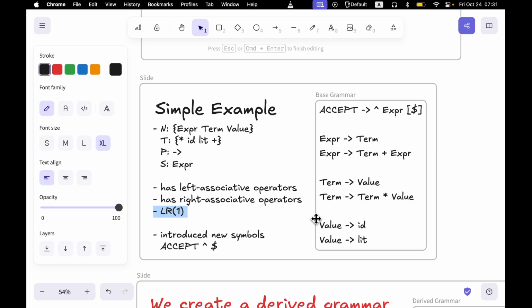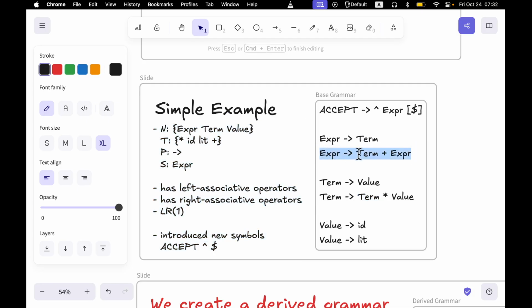It has left associative operators. For example, this rule, term produces term times value, encodes this star, the times operator, that is left associative, because you produce this and then you can produce this once more using the term rules that have term at the left hand side, and you can see that it's left associative.